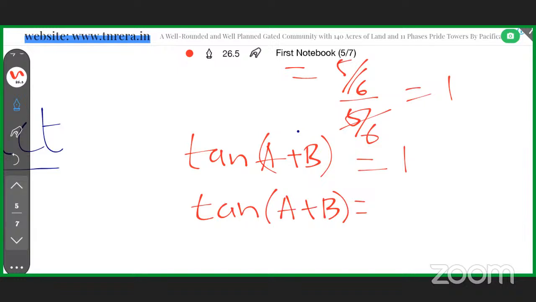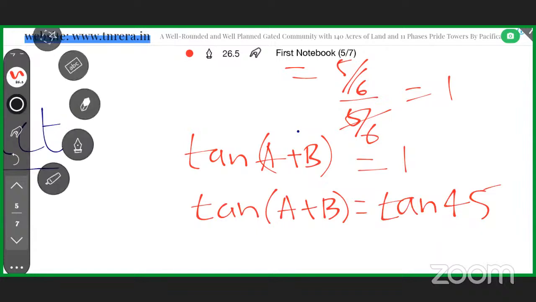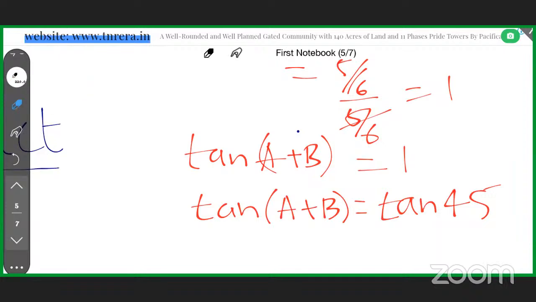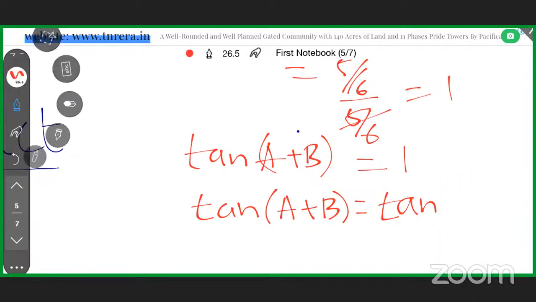Very good, 45. So we get 1 when the angle is 45 degrees. If I write in radians, please try to learn it in radians. Learn both the degree and radian methods, students. So 45 degrees can be written as pi by 4.